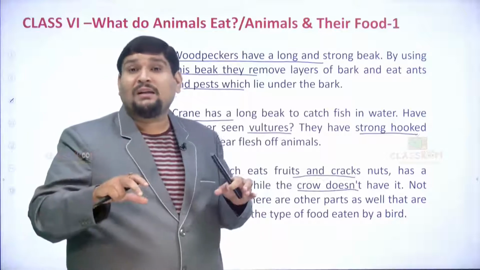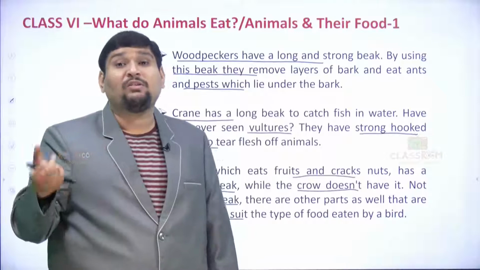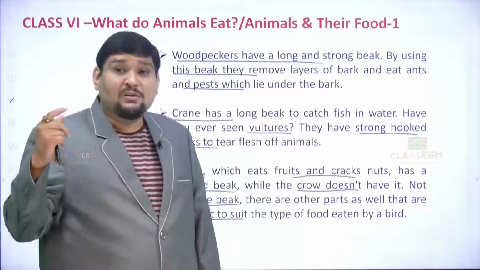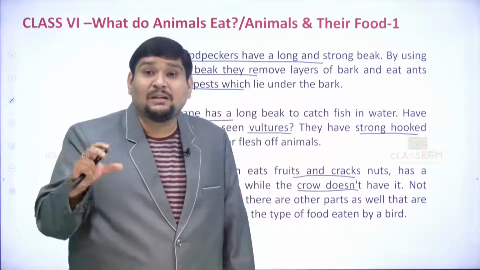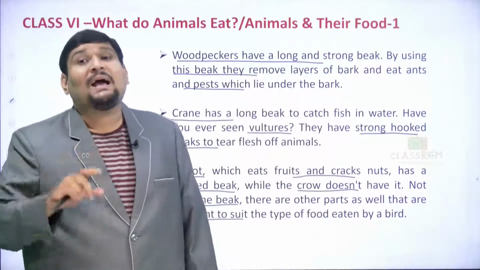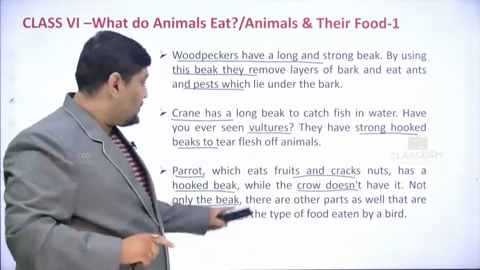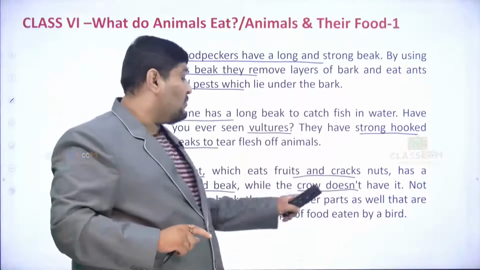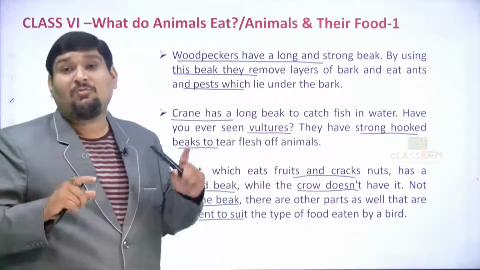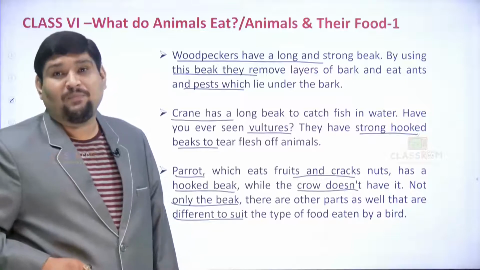Birds differ because of the requirement and the availability of food, which plays an important role. So the type of food eaten will differ from one bird to another, and the different beaks you find are used accordingly.